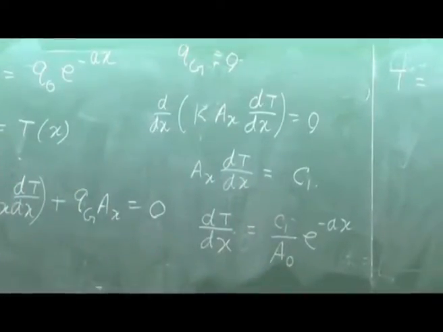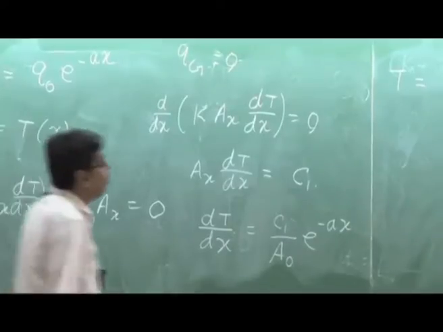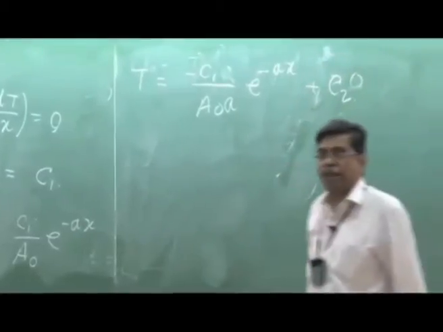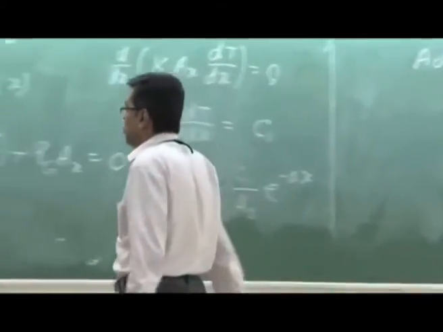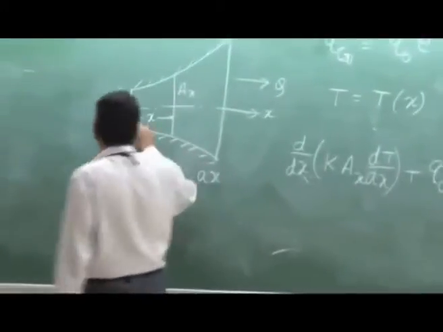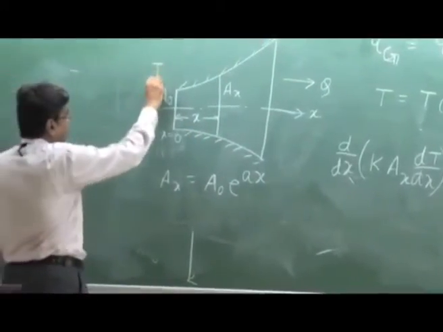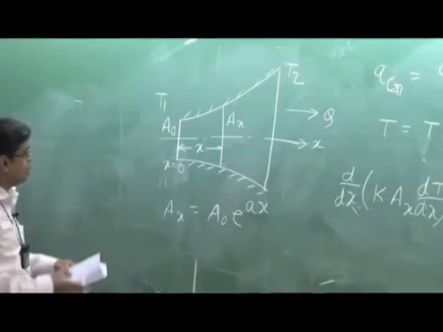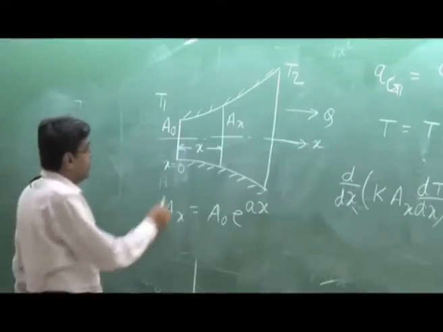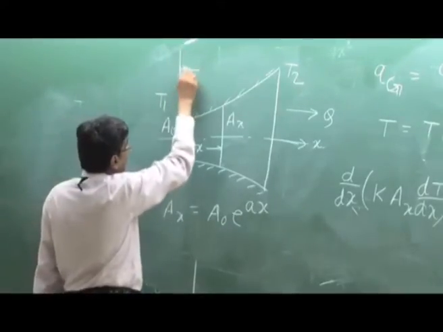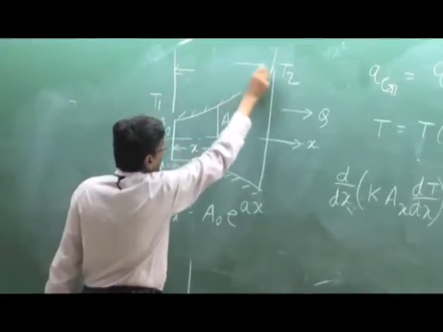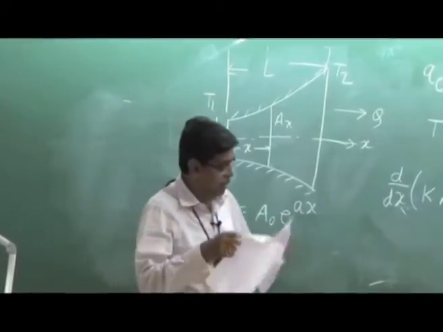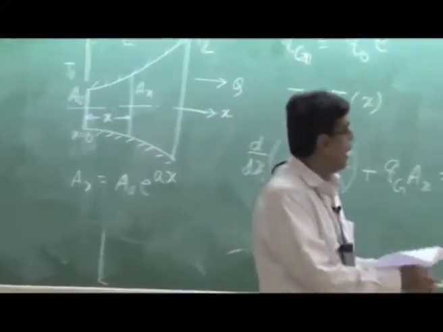So, this is the expression in terms of two parametric constants C1, C2, which will be found out if I know the temperatures T1 and T2 at x equal to 0 and at x equal to L. If we prescribe this length as L, then in terms of T1, T2 and L, C1, C2 will come. So this is the first part. Okay?